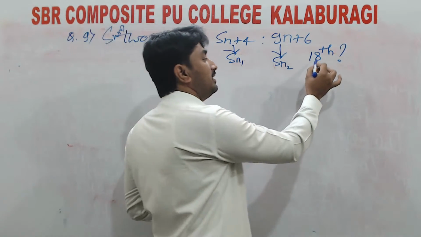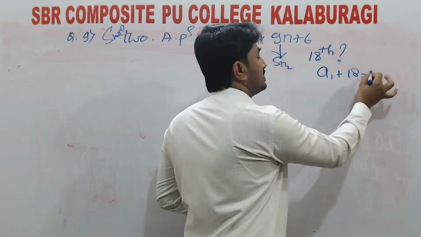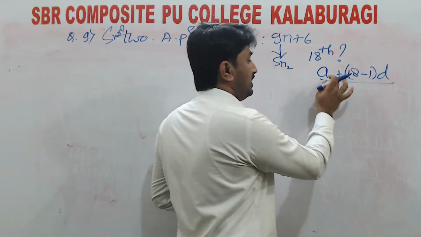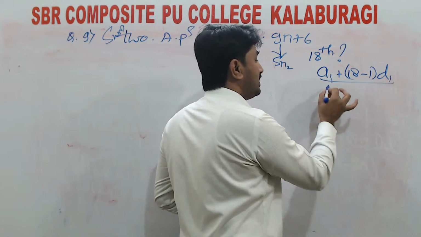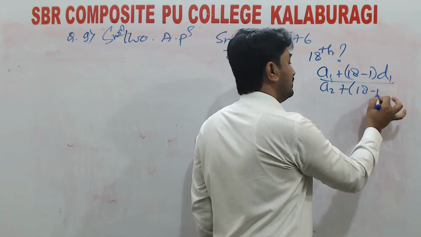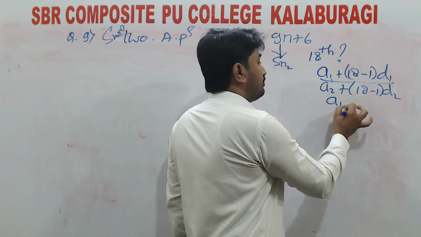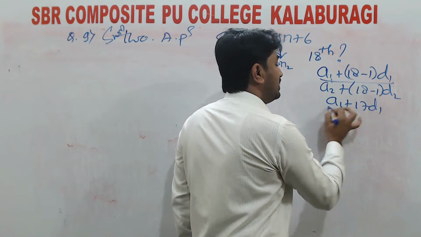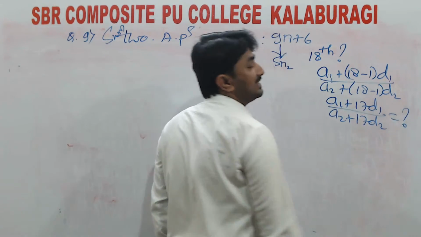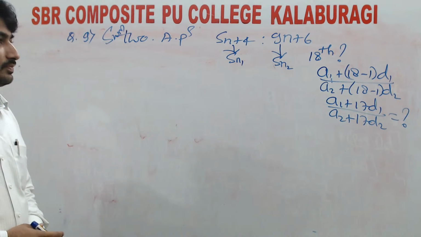So we need to find the 18th term: A1 plus (18 minus 1) into D1 divided by A2 plus (18 minus 1) into D2, which is A1 plus 17 D1 divided by A2 plus 17 D2, in the ratio form.